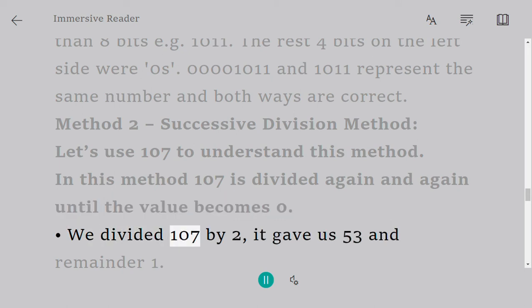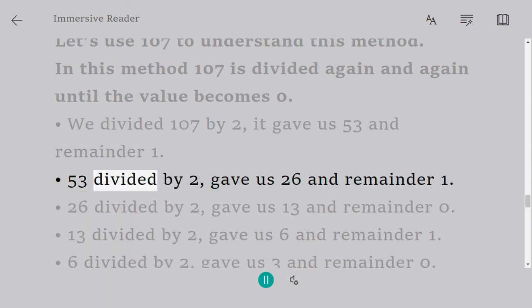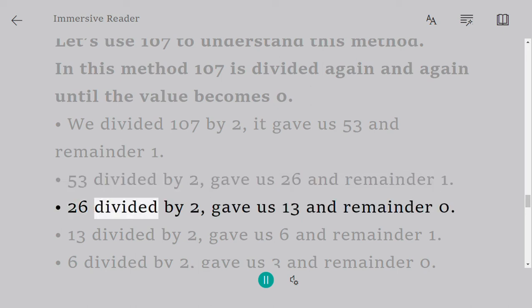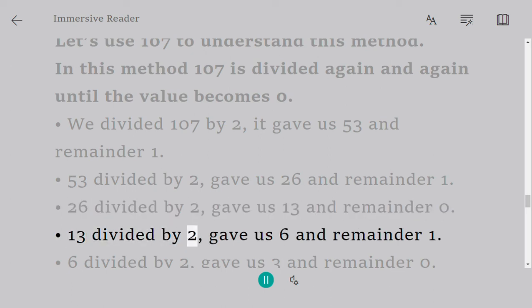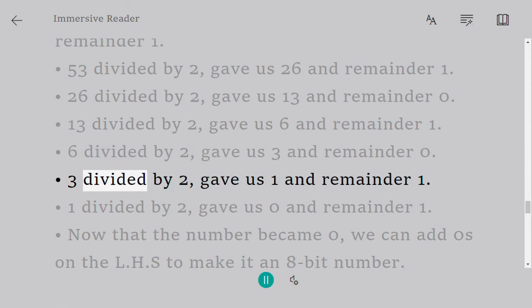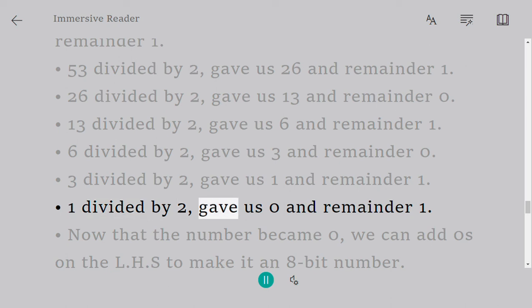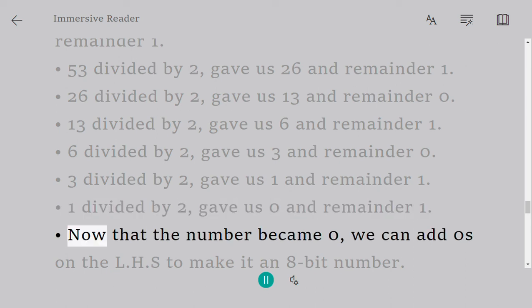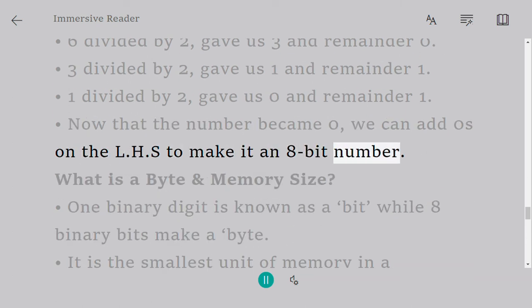We divided 107 by 2, it gave us 53 and remainder 1. 53 divided by 2 gave us 26 and remainder 1. 26 divided by 2 gave us 13 and remainder 0. 13 divided by 2 gave us 6 and remainder 1. 6 divided by 2 gave us 3 and remainder 0. 3 divided by 2 gave us 1 and remainder 1. 1 divided by 2 gave us 0 and remainder 1. Now that the number became 0, we can add zeros on the LHS to make it an 8-bit number.